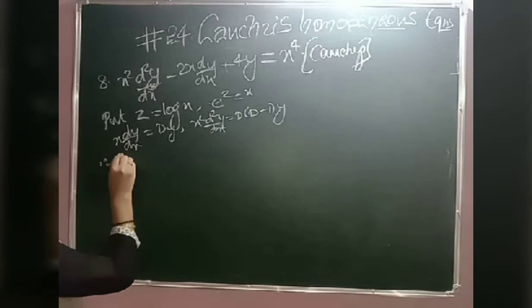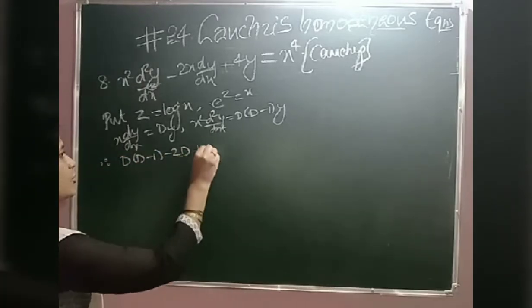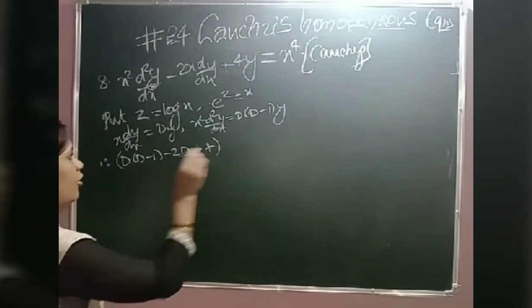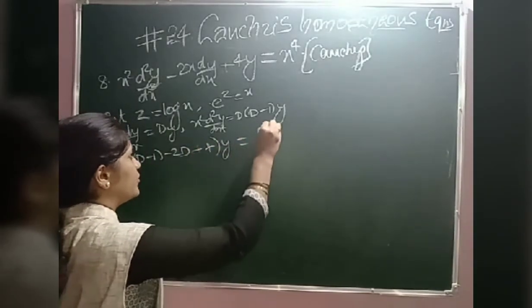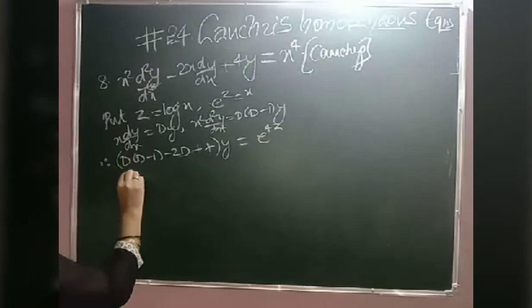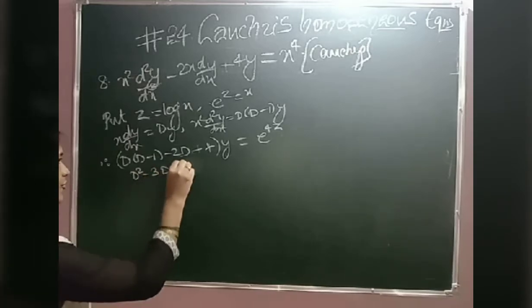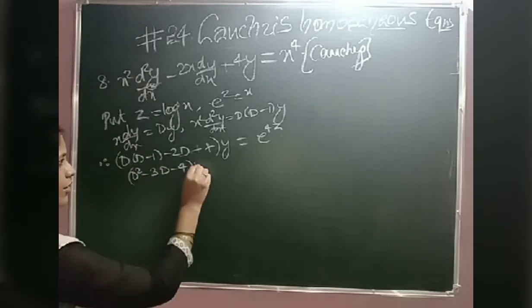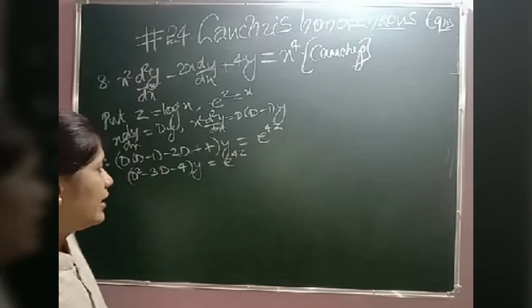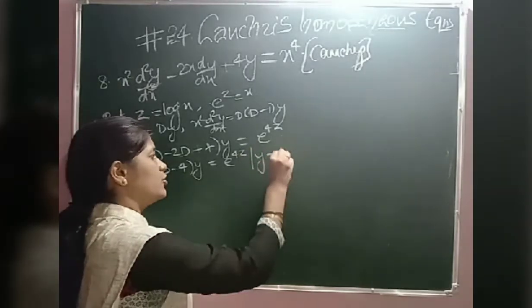Therefore, D into D minus 1 minus 2D minus 4 of y equal to e power 4z, x power 4 is e power 4z. So this can be written as D square minus D minus 2D is minus 3D, minus 4 of y equal to e power 4z.